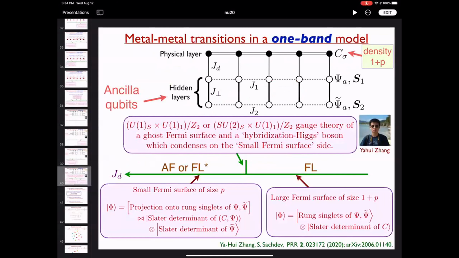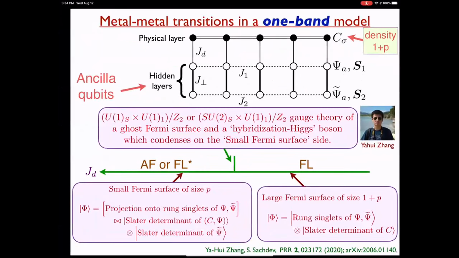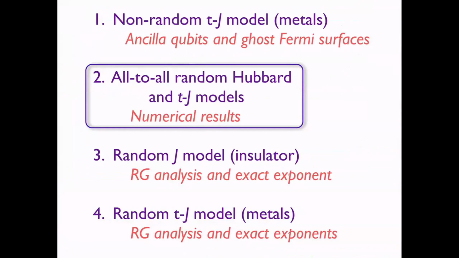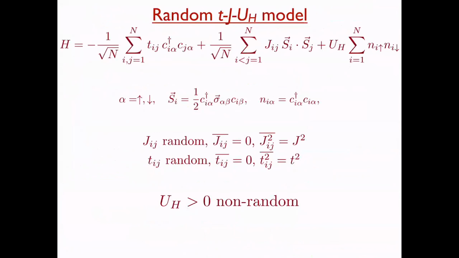But we'd like to make more progress, especially also on this phase transition that's not so easy to address numerically. So we want to work in models that are a little more tractable, but then hopefully have the same physics. It turns out that a lot can be learned, and much of the physics is captured by a very simple looking model. This is the model that will be the subject of the remainder of my talk.